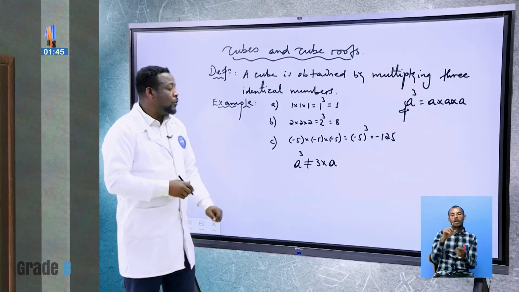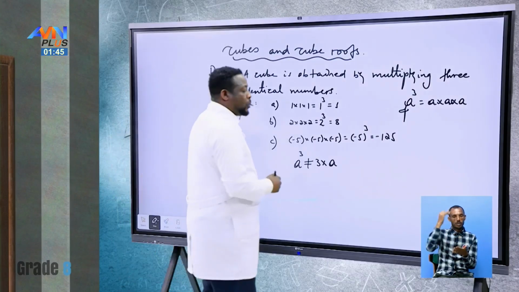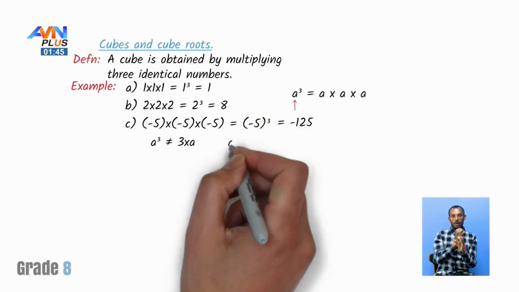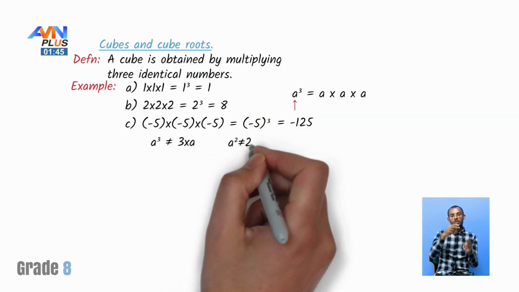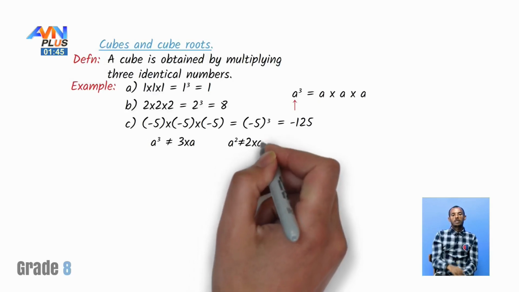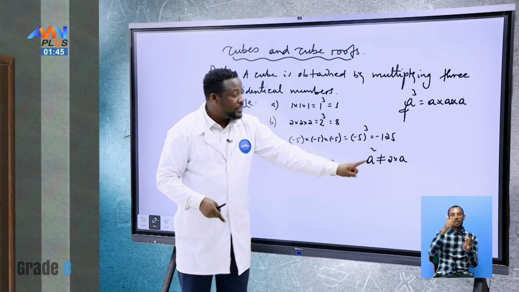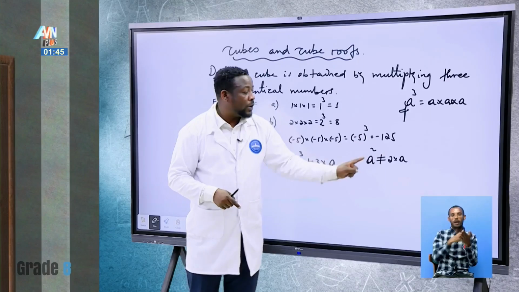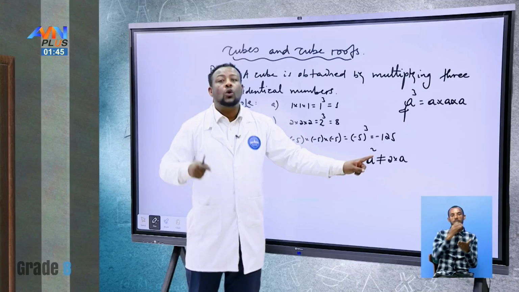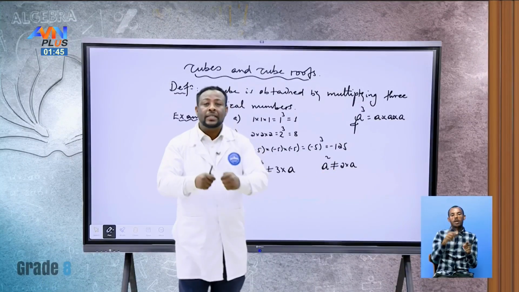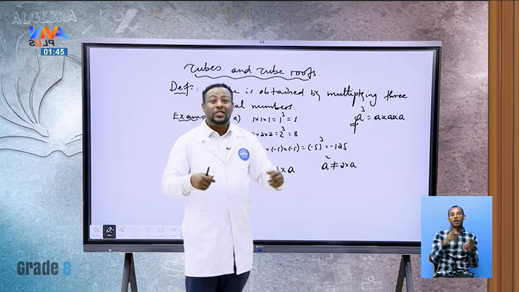You can also take the square. Whenever you calculate the square, a square is not 2 times a. This is not true. A square is a times a. If you are writing it in this form, you are making a mistake. This is true only when a is 0 or when a is 2.